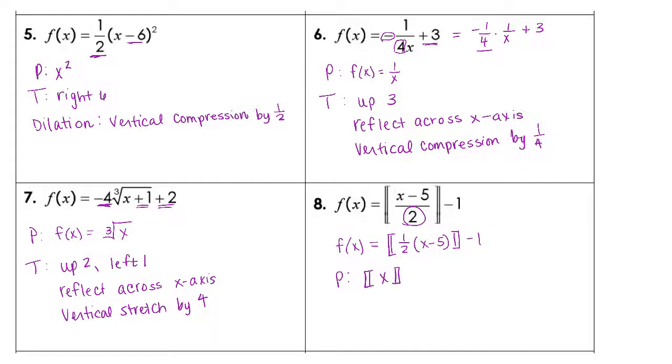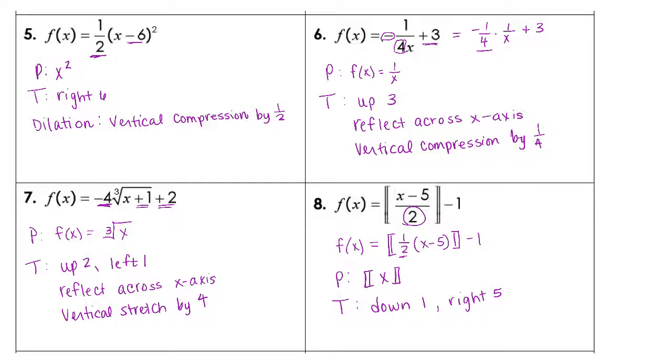Now let's talk about some transformations. We see that we are going to move down 1. It looks like we are also going to move to the right because we're on the inside. We go the opposite of what we would think, so right 5. And we are also on the inside of our function. We have that 1/2.